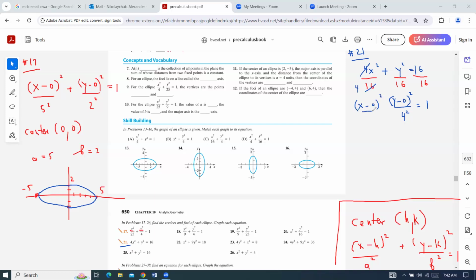So I'm going to write this as 2 squared in here. And now we can see that A is 2 and B is 4.